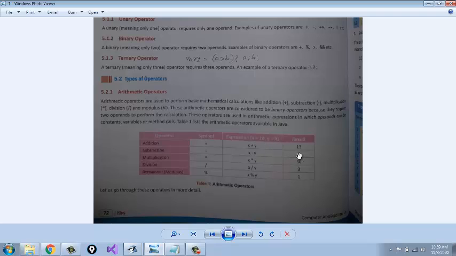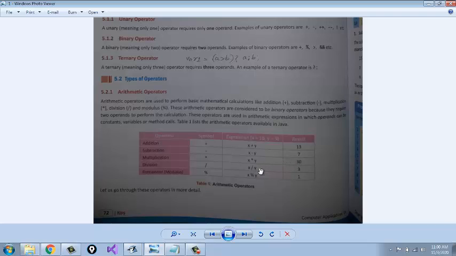So the result will be 7, isn't it? And x multiplied by y means the value of x will be multiplied with the value of y, which means 10 multiplied by 3, so it will be 30.